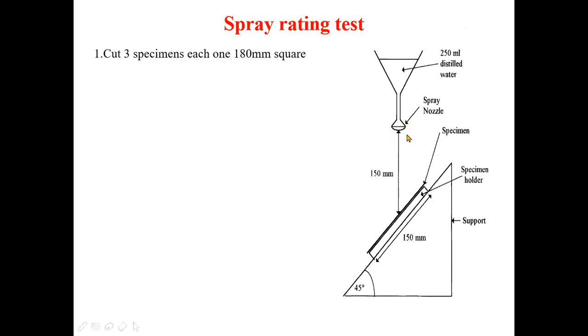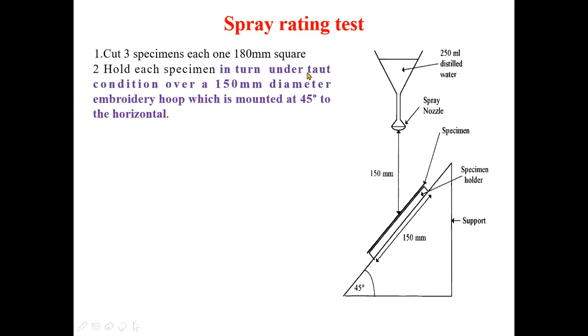Details of this nozzle I have discussed in the previous slide. And this is the 250 ml of distilled water. This is 150 millimeter. That means this nozzle is 150 millimeter above the specimen. The specimen is placed on an inclined plane, which makes an angle of 45 degrees with the horizontal.